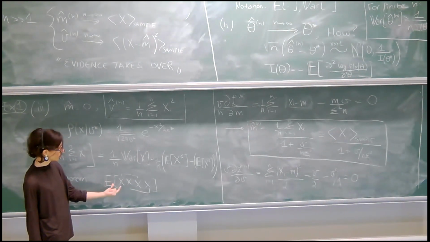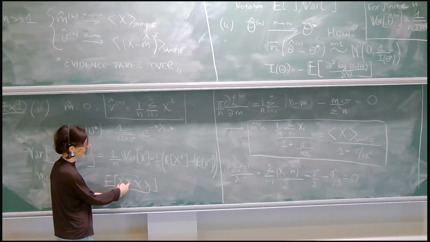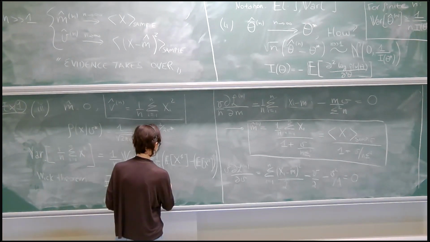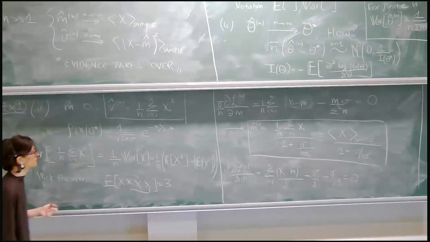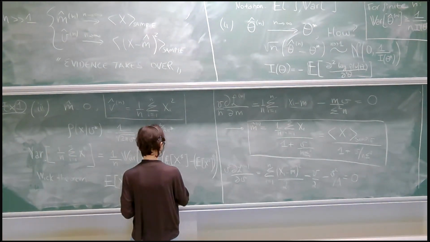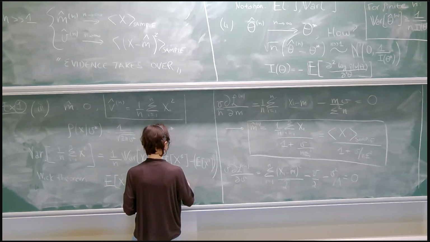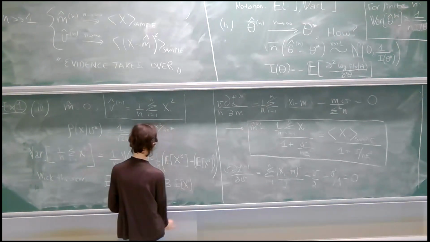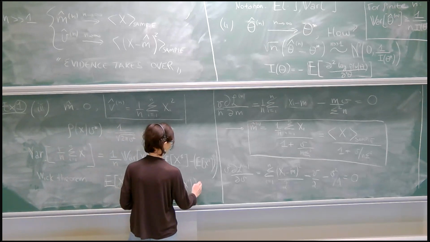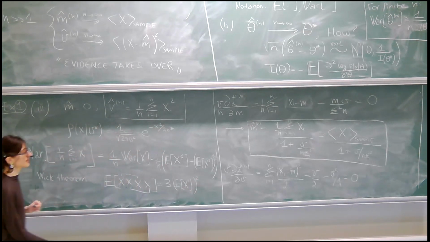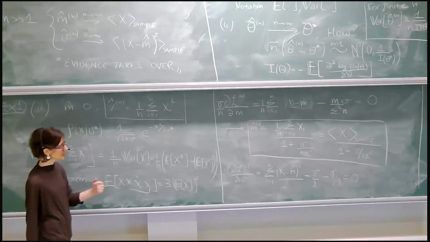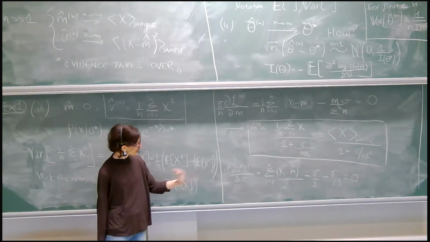Well, you have essentially 3 ways. Either I pair this one with this, or this with this, or this with this. So what the Wick theorem tells me is that this will be equal to 3 times the expectation value of x squared, which is one pairing, times the expectation value of the other pairing. So this is just 3 times the expectation of x squared to the power 2, which combines nicely with this.